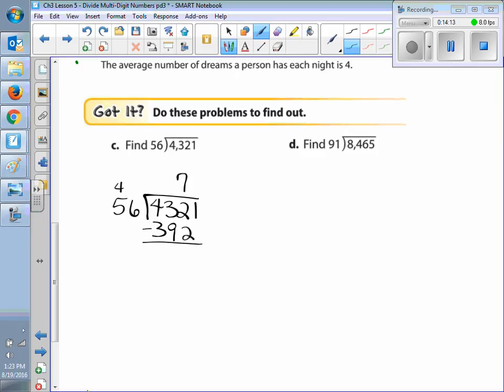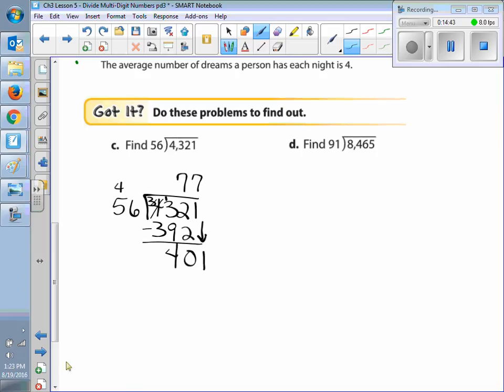Now we can subtract. 0, 3, 13, and 40. And now we're going to bring down the 1. Now, how many times does 56 go into 401? 7 times again, right? Very good.